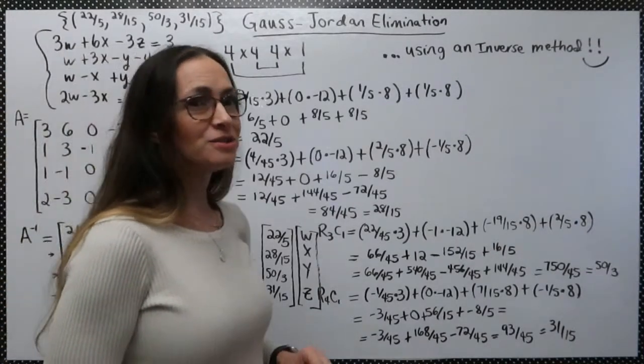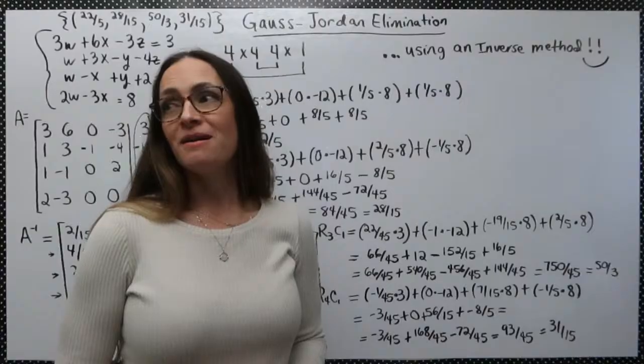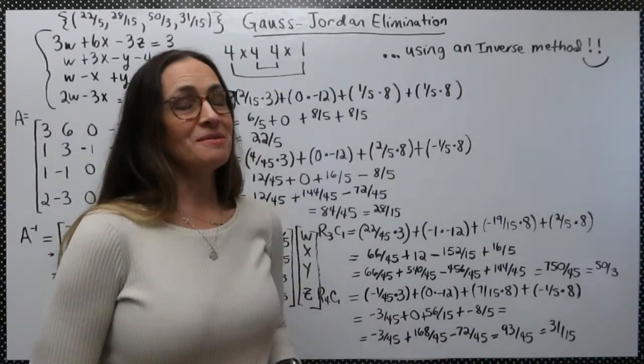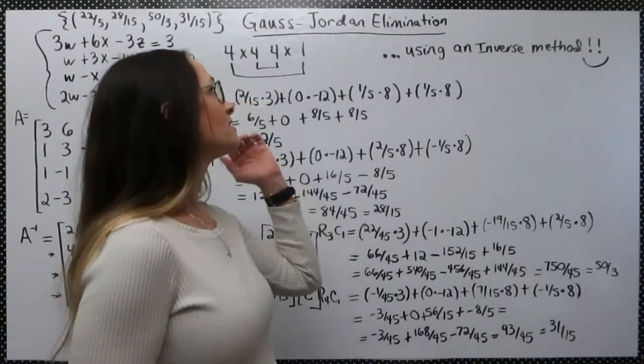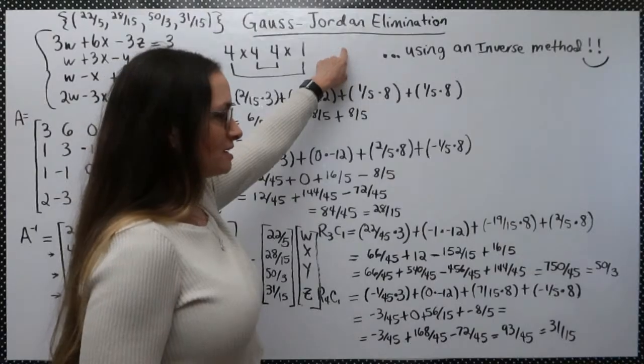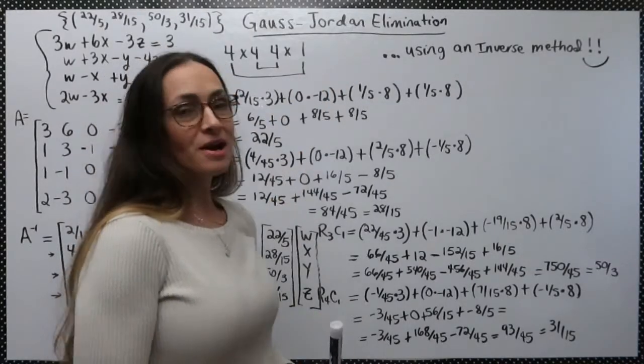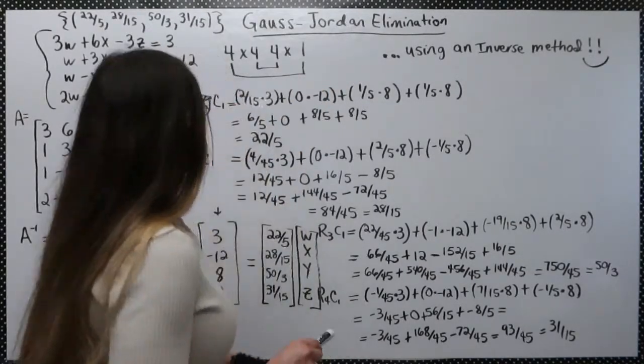So while I do want to do it eventually, it was very daunting, very time consuming. So I realized that we have Gauss-Jordan, and it's probably the most practical way of solving one of these.